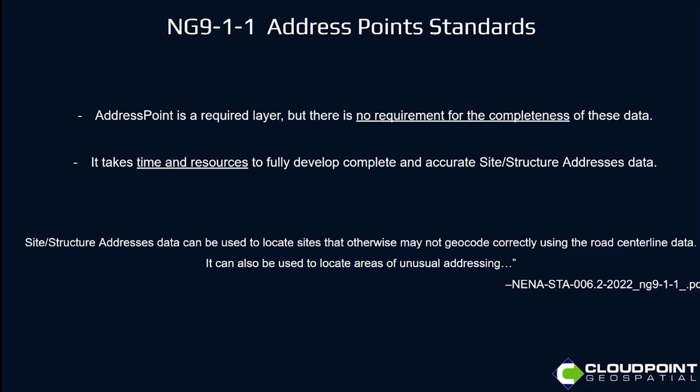It's worth noting that geocoding based on center lines is often done automatically with CAD data currently, and will often be done without speaking with absolute certainty in the NG9-1-1 environment. Geocoding based on the road center line can be done simultaneously with looking at the address point data. So this address point data should be used to supplement a secondary geocode or precise location address to help make the road center line geocoding a bit more precise as a backup.